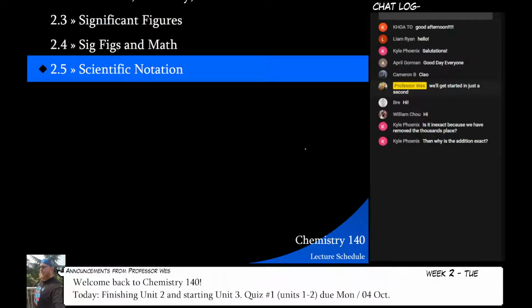There we go. I'm going to very briefly talk about scientific notation, and then I'm going to talk about something that actually isn't in the lecture slides themselves, but I do want to talk about it in terms of sig figs.